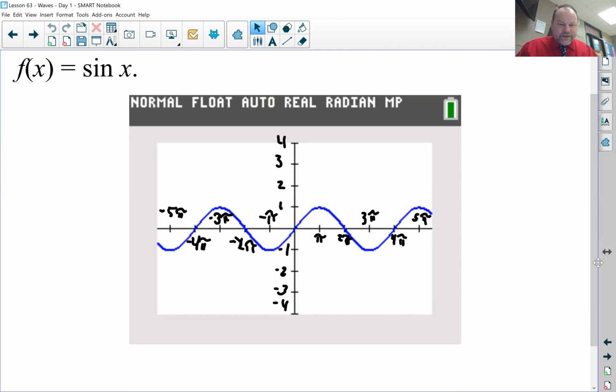But what you can see is it has a maximum value of positive 1 and a minimum value of negative 1. And then we'll talk about the other pieces here in just a moment. But that's what the sine graph is going to look like.